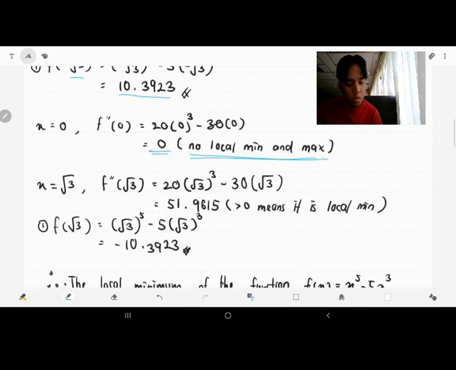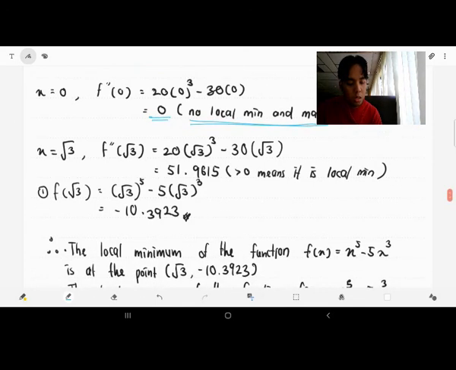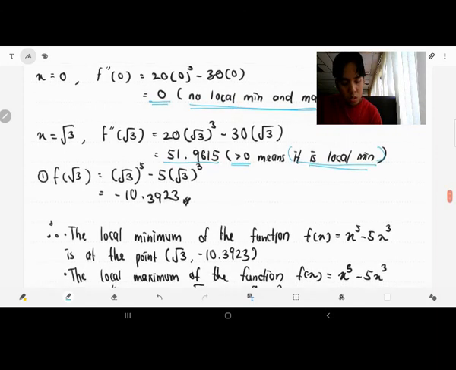It shows us that it doesn't have a local minimum or maximum point. And lastly, for x equal to square root of 3, if we substitute into the second derivative, we get a positive number, which means it is greater than 0. It shows us it is a local minimum point.